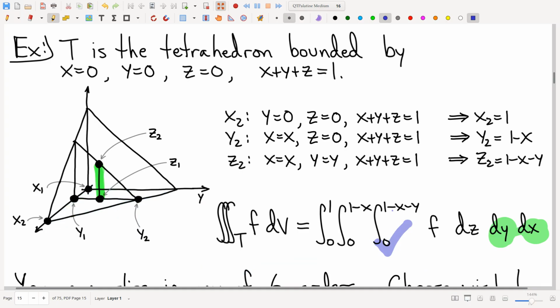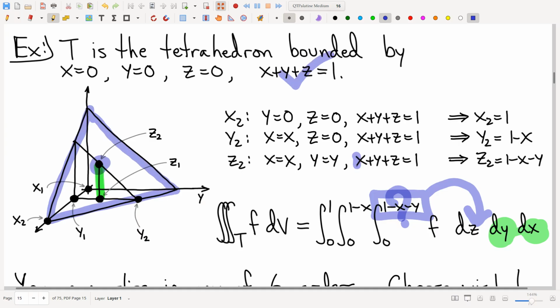That's great. And now, what do we get for the upper bound here? That's the upper bound for z. Well, that's going to come from that point. Is that cool? That point is on this face that has that equation. Don't forget x and y are known. Always check back.